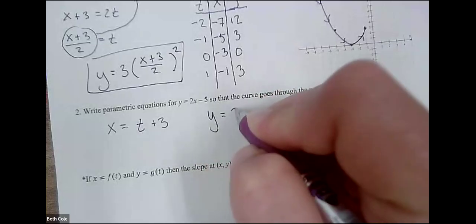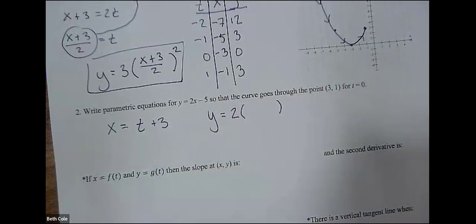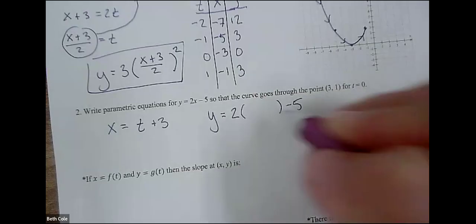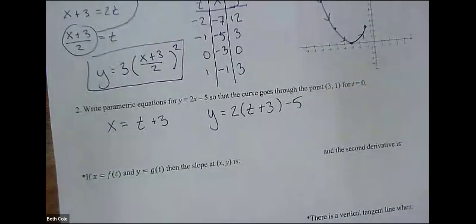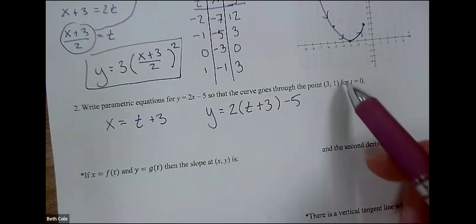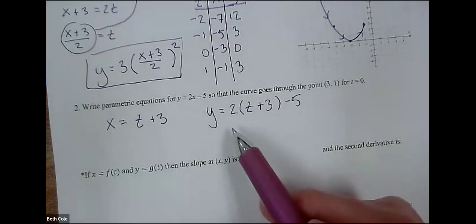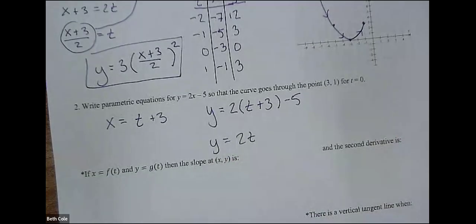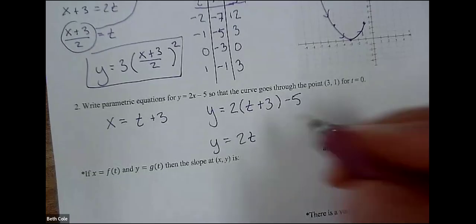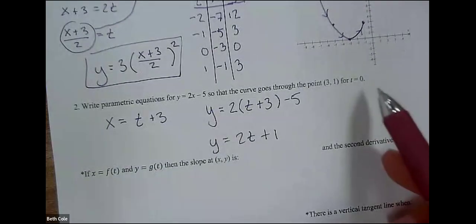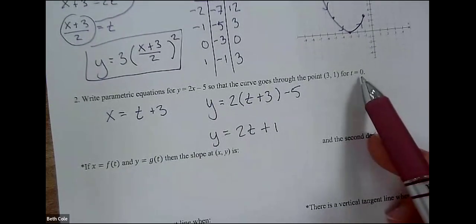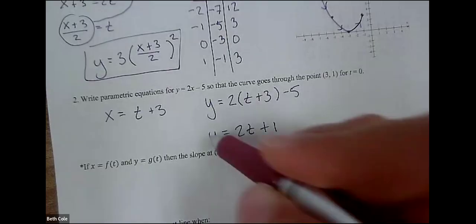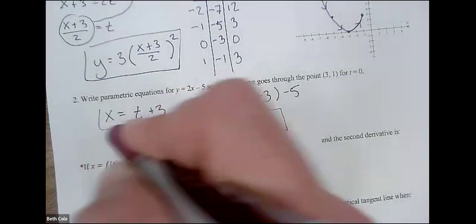So it's going to be y equals 2 times all of that, minus 5. And I do want us to distribute and combine like terms so that we can verify that we get the 1 part of our initial condition. If you distribute that 2, you're going to get 2t plus 6 minus 5, which would be plus 1. Now, if you plug in 0 for t, do you get 1? Yes. Okay, so those are our parametric equations.